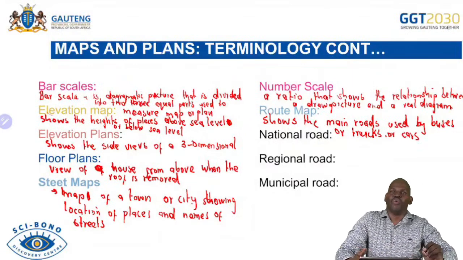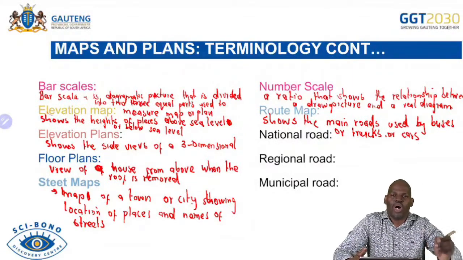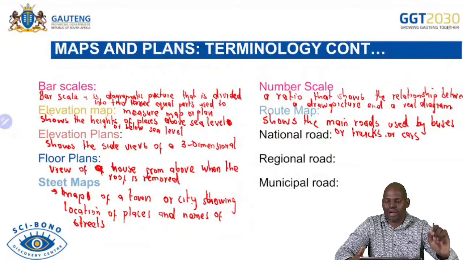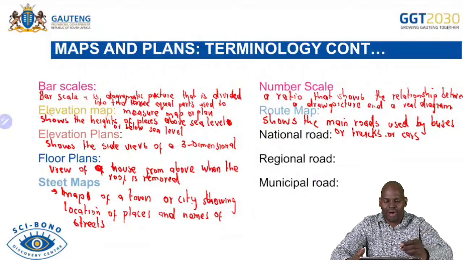For instance, if you have to travel from Johannesburg to Durban, which routes are you going to use as the driver? The route map will clearly show the main routes that must be used by a driver when driving a truck, bus, or car.